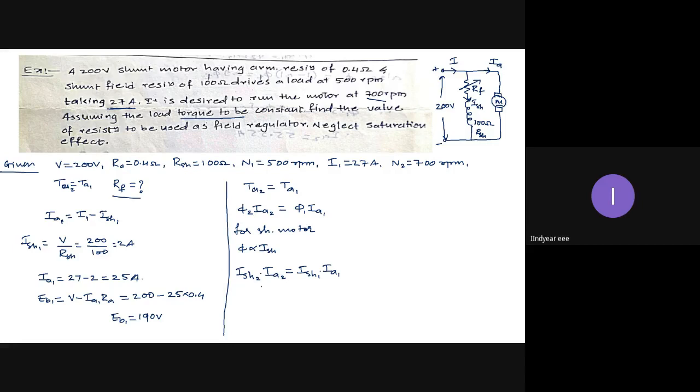Therefore, ISH2 is unknown to me now. But I know ISH1, I know IA1. I can write ISH2 is equal to ISH1 IA1 divided by IA2. So I have the value of ISH1 as 2 and IA1 as 25, divided by IA2. So here I can write ISH2 is equal to 50 by IA2.